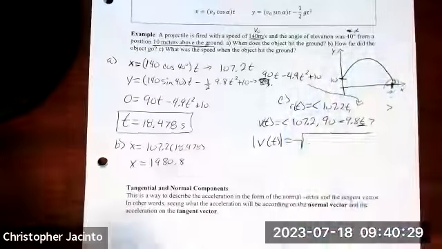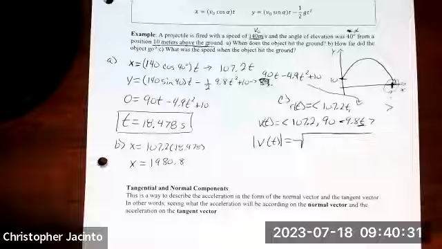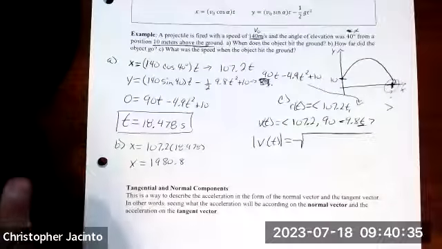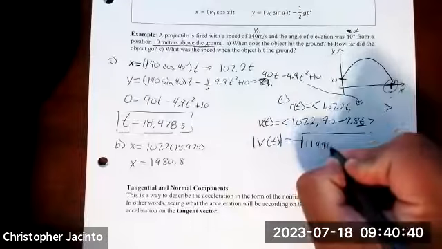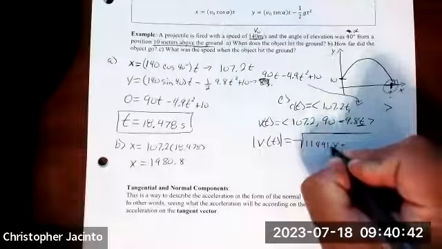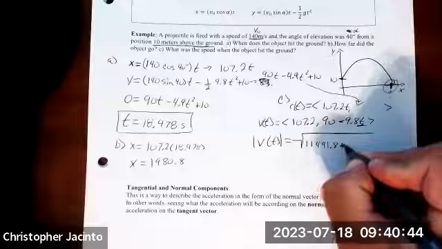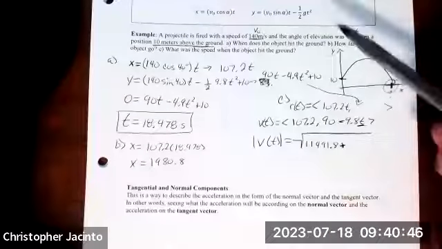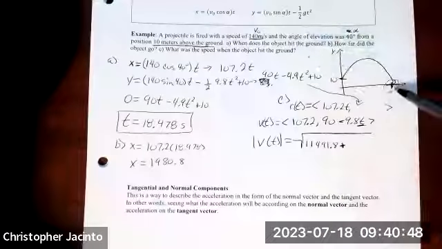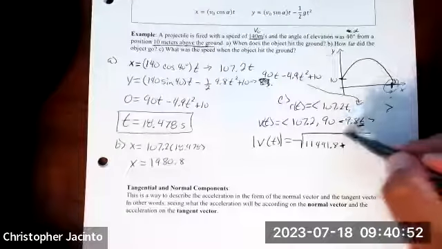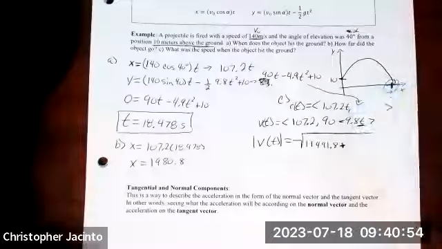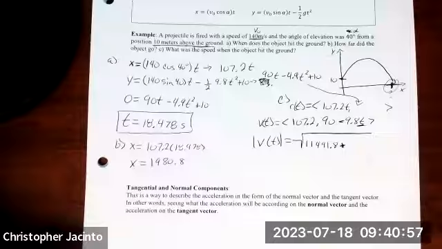Oh, actually, before I get there, it'll be 107.2 squared, plus, now before I square the next component, here's a key thing when it hits the ground. We know when it hits the ground, t is equal to 18.478. So before we actually get the magnitude, we can get this value automatically before we do any of that stuff. So let's just quickly do that.